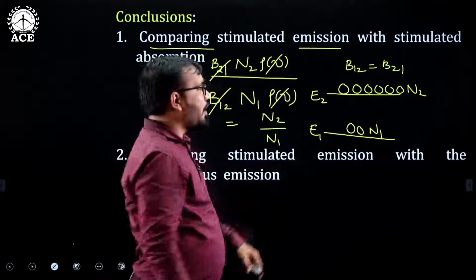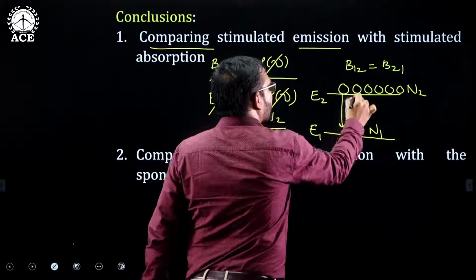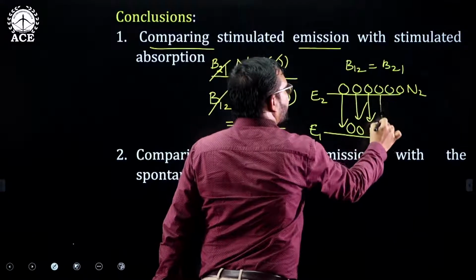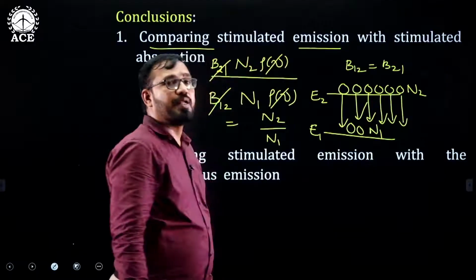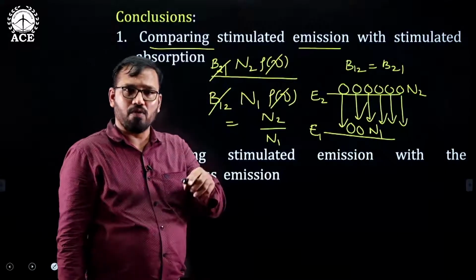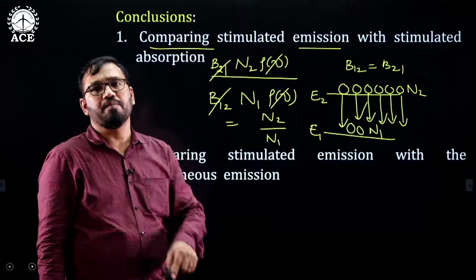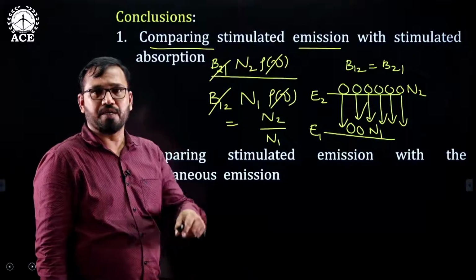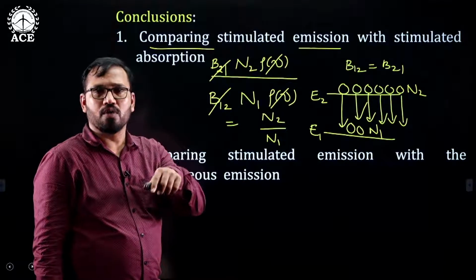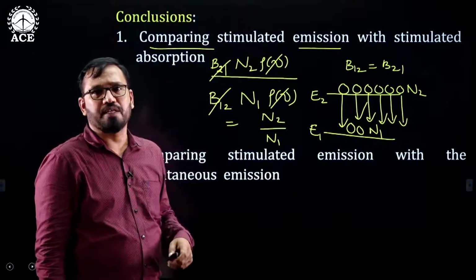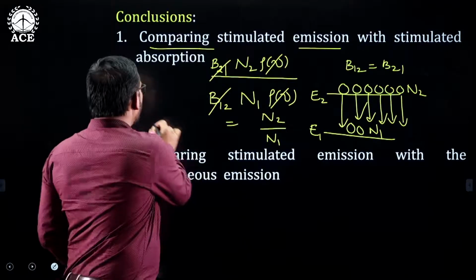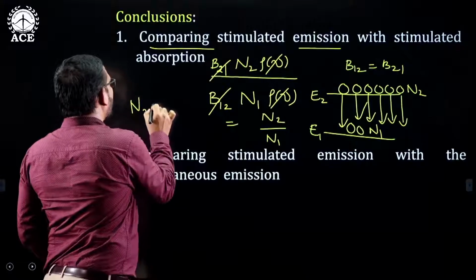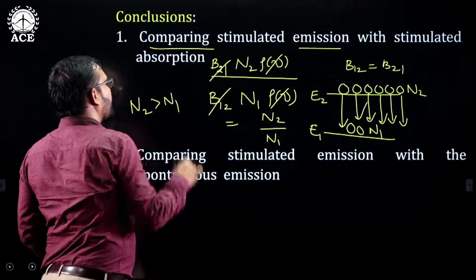So, in order to have more downward transition, we require more atoms in the higher energy level. N2 should be greater than N1 in order to have more stimulated emission transition. So that is the conclusion: N2 should be greater than N1.